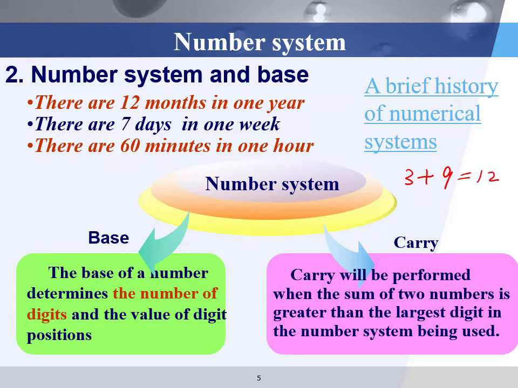But because this is decimal, the largest digit is 9. So if we use, like, 3 plus 9, we get 12 here, but we need to have a carry. So this is called the carry. The carry is 1. So we get 12.